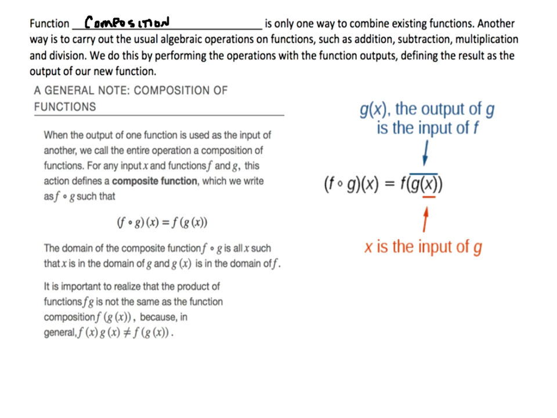Okay, so let's get back to composition of functions. What is this thing that we can do called composing functions? If you look to the left of the screen here in the gray box, a general note about composing functions. When the output of one function is used as the input of another, we call the entire operation a composition of functions.